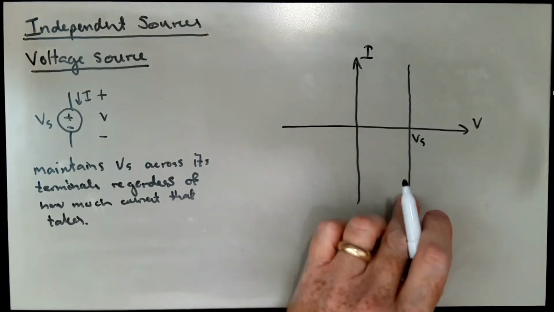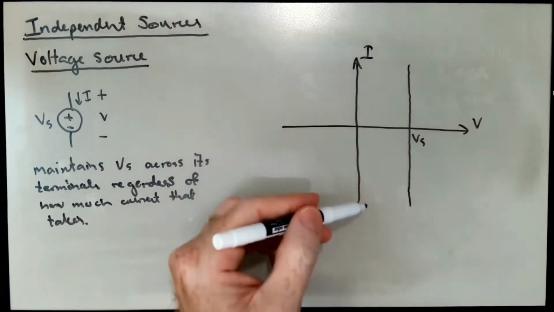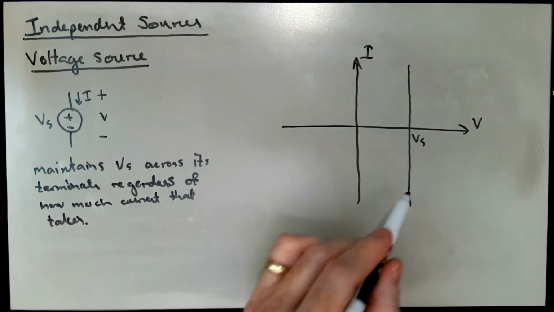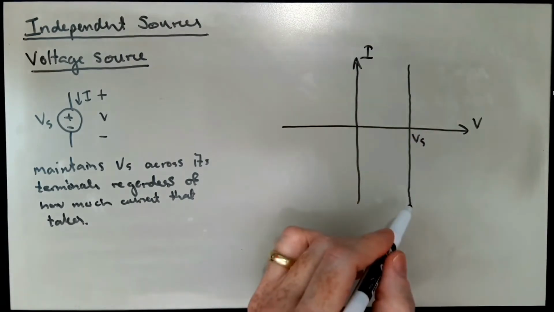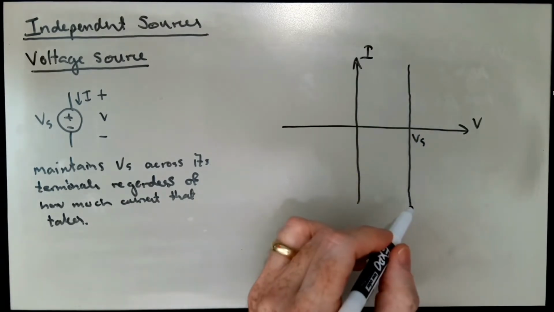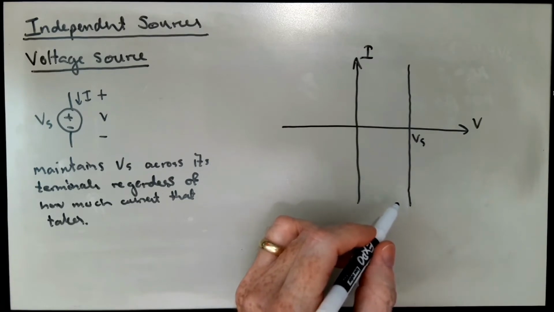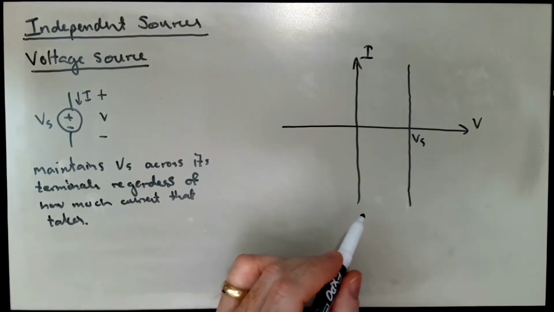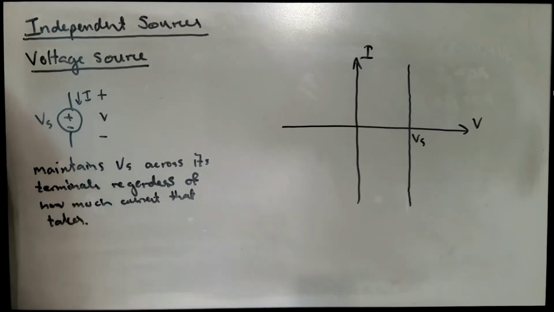Okay, so whatever current value it takes to produce that voltage is what the ideal voltage source will either produce or take in. And so on an IV plot like this, we have basically a vertical line for a voltage source. Okay, so that's going to be our first independent source.